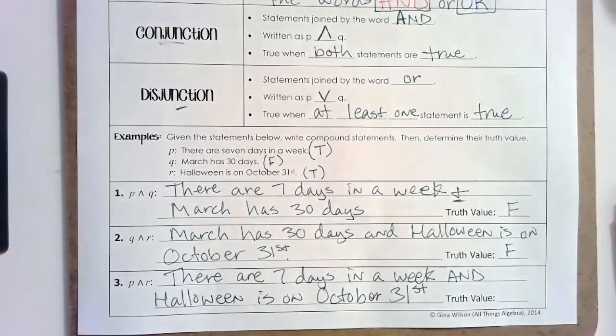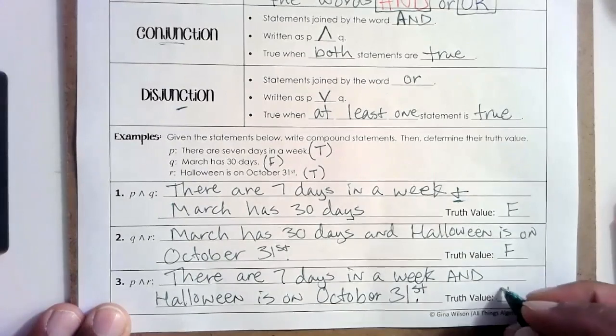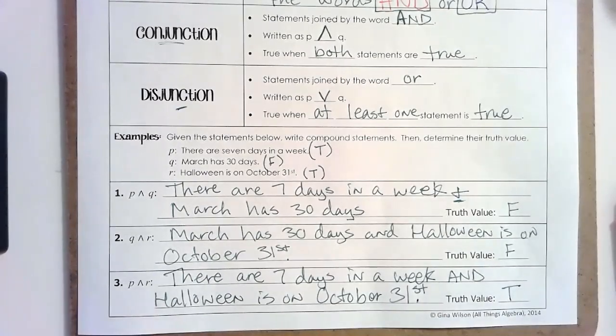Now let's take a look at the truth value here. The first part of this compound statement is in fact true. There are 7 days in a week. And the second part, Halloween is on the 31st, is also true. In this case, both parts are true, so we can say this conjunction has a true value.